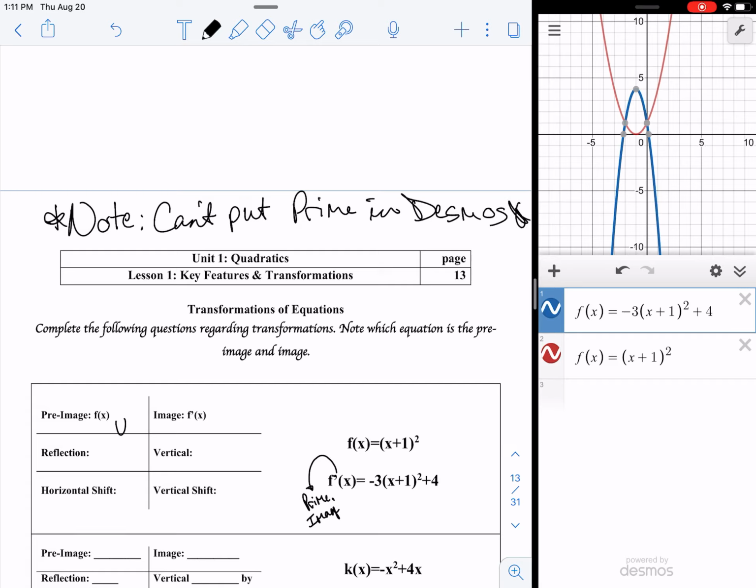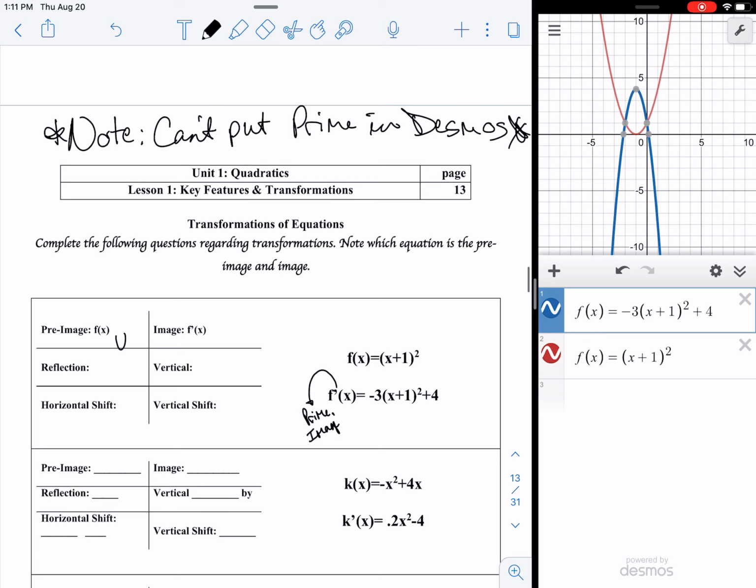Because you can't put prime in Desmos, you're going to have to make a note, either by color or by orientation, of which one is your image versus which one is your pre-image. That's what I'm getting ready to do.